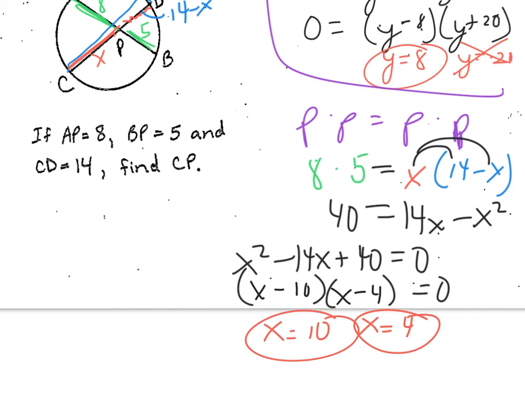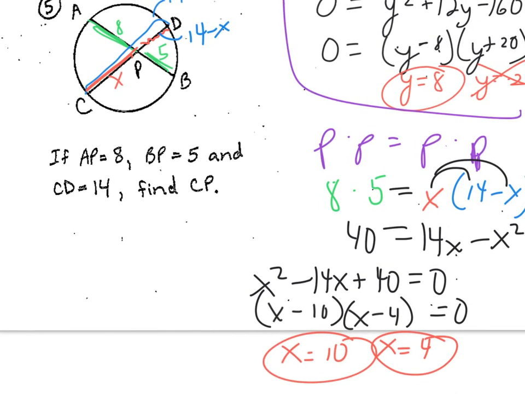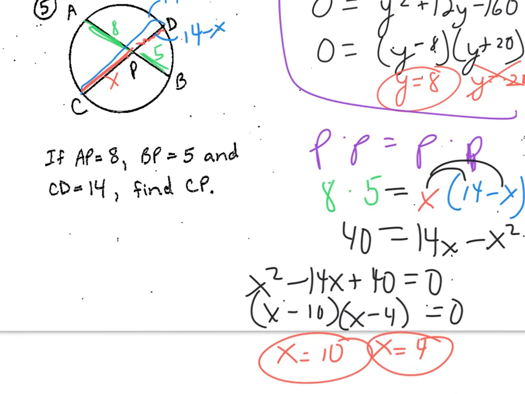Interesting. So I've got two positive answers this time. Can they both work, or do I need to throw one out? Before I had a negative, so I had to throw that out. So looking at your picture, which one would be your answer, 10 or 4? Take a minute and think about that. I'm guessing most of you are saying 10 right now because it looks like CP is longer than PD. Okay, but remember, your picture isn't necessarily to scale.